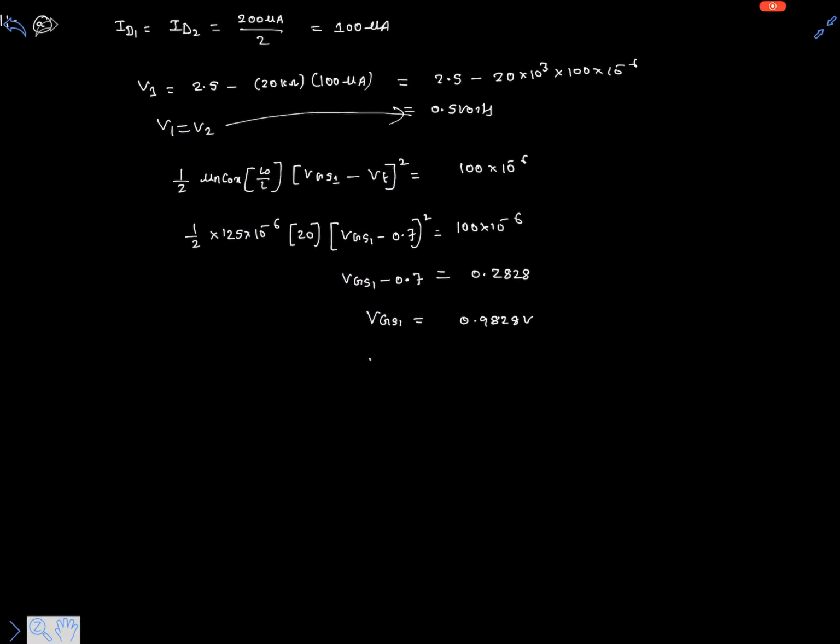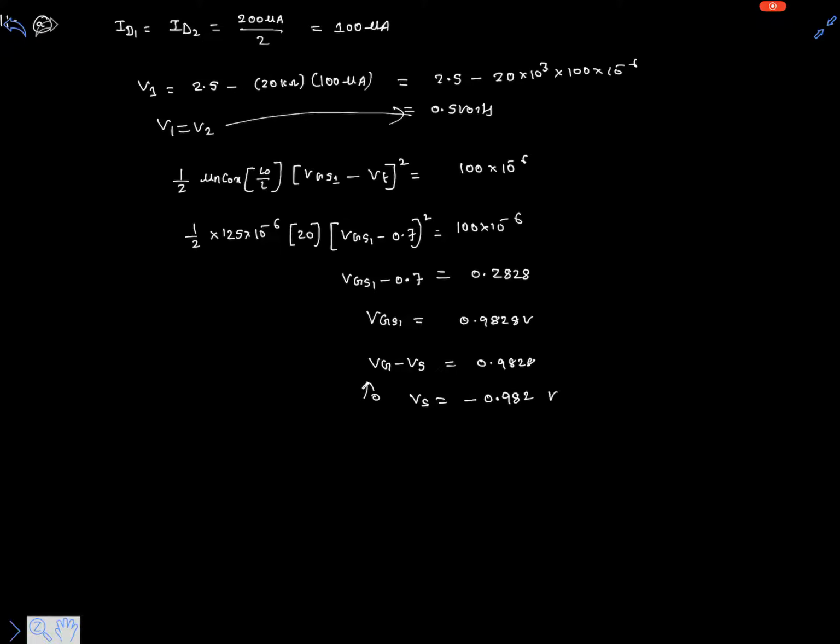But VG minus VS for transistor 1 is 0.9828 volt, and VG is clearly 0 volt, because the gate is grounded. So VS is minus 0.9828 volts. So this is part A actually.